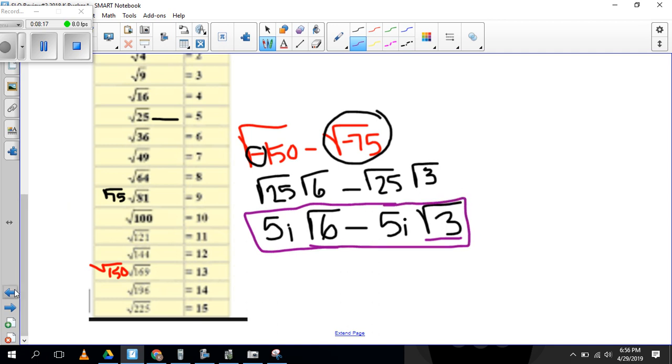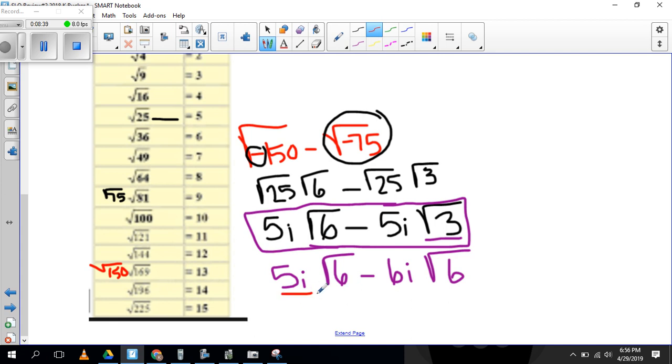So if they had the same square roots, let's just change it so you can see it. If it was 5i minus, and let's change this a little bit. Say this was 6i square root of 3, square root of 6. We can combine it. So same radicals.